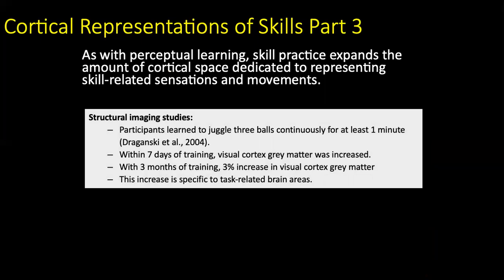I'm going to post this, I think, in the Canvas readings as well. Kind of the first human study to really look at this expansion in volume. Draganski has a series of papers where they look at teaching people how to juggle, and we see increased gray matter in areas of the brain that are responsible for tracking motion, right? So in terms of learning how to juggle, learning to track those balls as they're in the air is really important. So we see an increase in the gray matter associated with that, again, in task relevant brain areas with learning a skill, which is pretty cool.